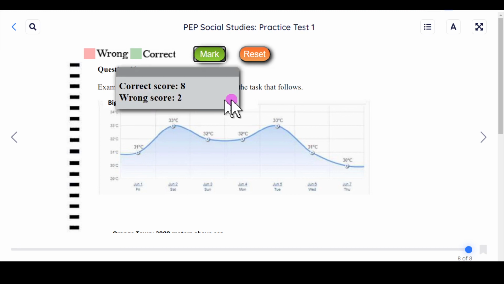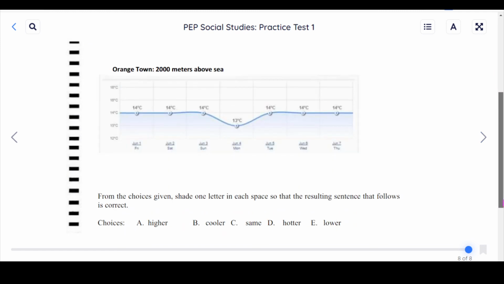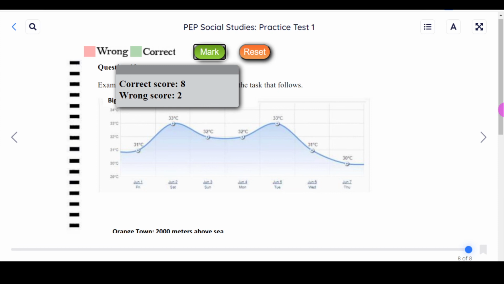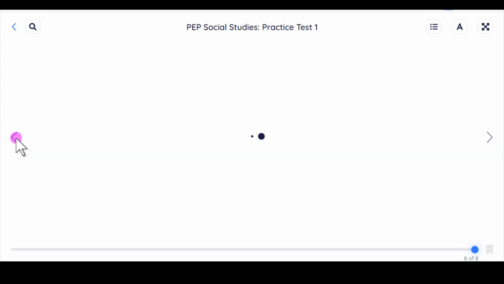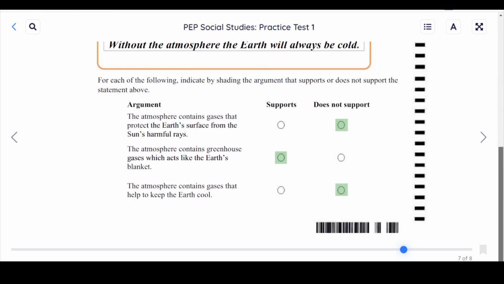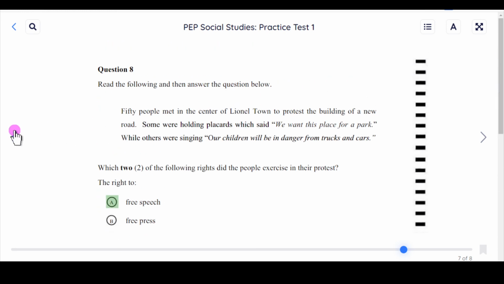Aha. So we have 2 of them that are wrong. Let's go and see which 2 we have wrong. Let's go back here. Question 8. Okay, all of those are okay.